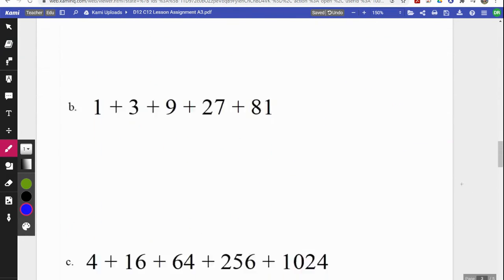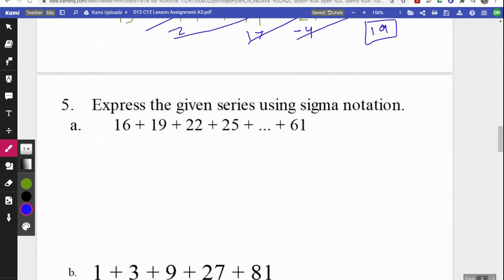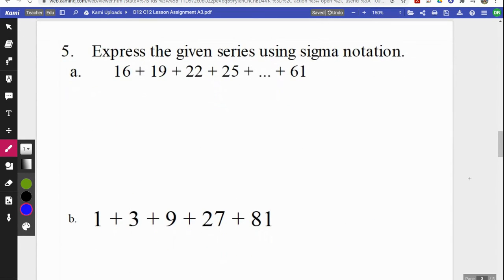These next 3 are asking us to write this in sigma notation. So we need to write this as an explicit form of a sequence, knowing that it's really a series, but we need to write it as a sequence formula and know how many terms we're adding up.